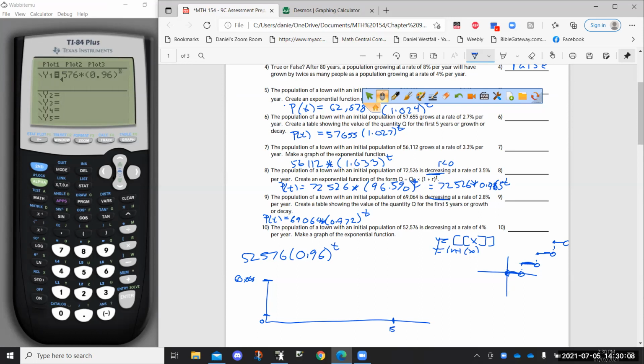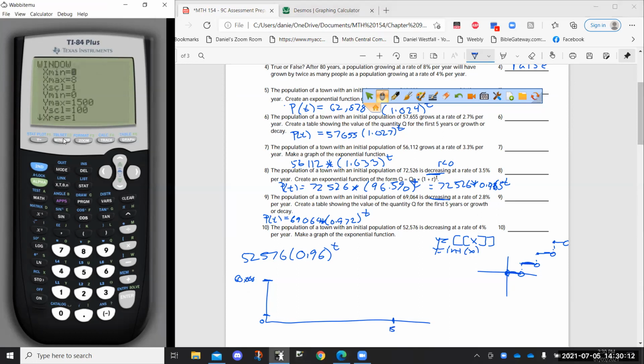Okay, let's see what that looks like. Let's go by 10,000s on the left-hand side. So window, and go from 0 to 15, and they're going to go by ones. And then I'm going to go 0 to 60,000, and I'm going to go by 10,000s there, and we're going to graph this.